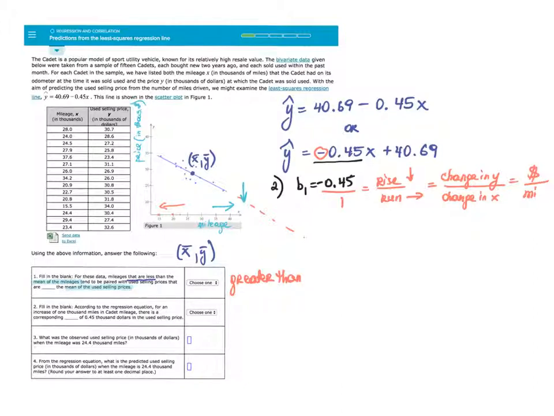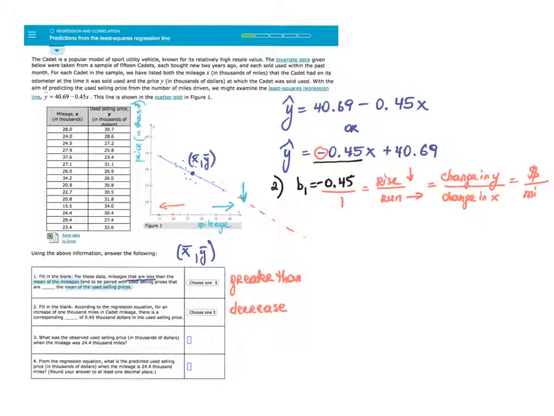So in the context of the story, for every 1,000 miles of change, which is our denominator right here, there is a decrease because of a negative sign of 45 hundredths of $1,000. So our answer here is decrease. And it's simply because the slope is negative.